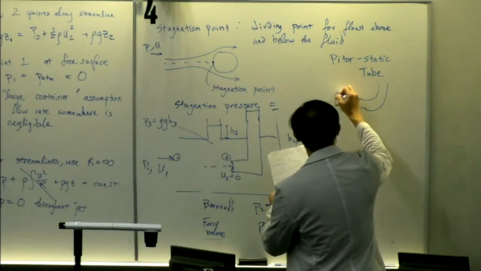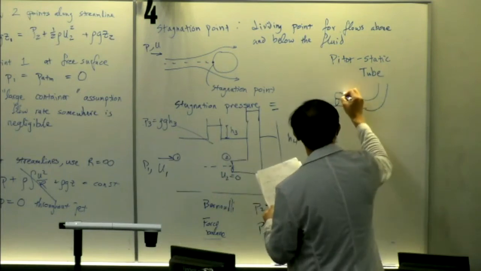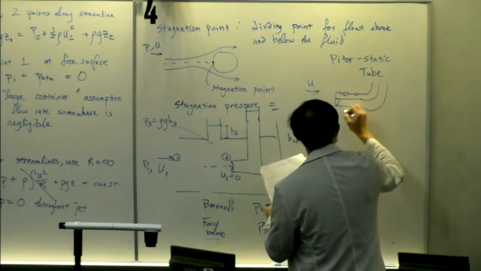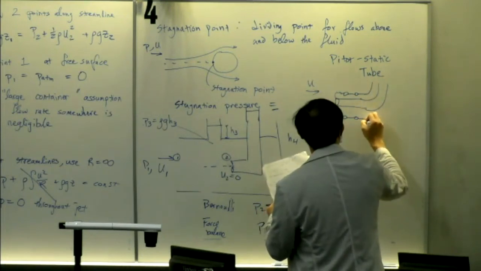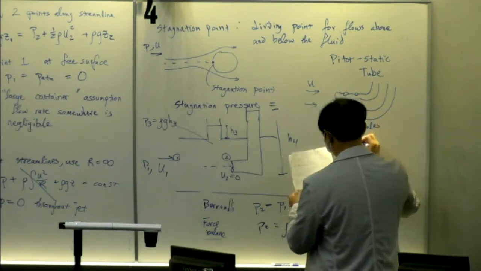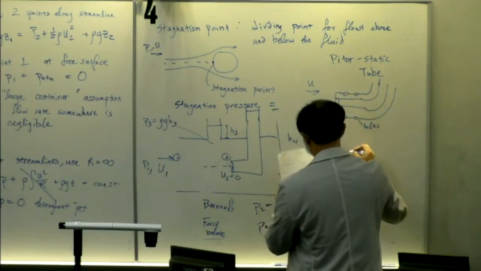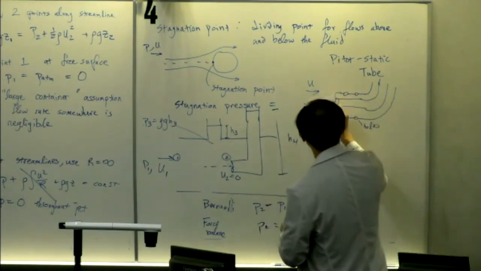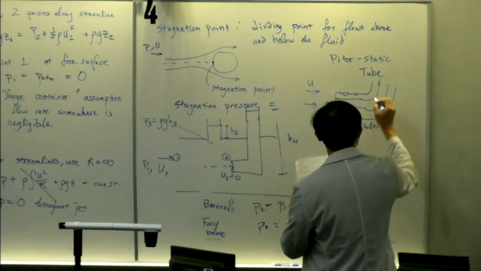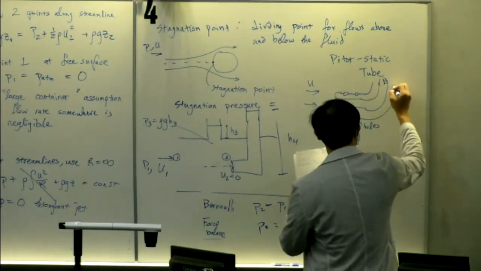Then you have a series of holes on the top and sides, so you're going to have fluid coming this way. And you can imagine you've got a stagnation point here. So this measures P3, and this measures P4.